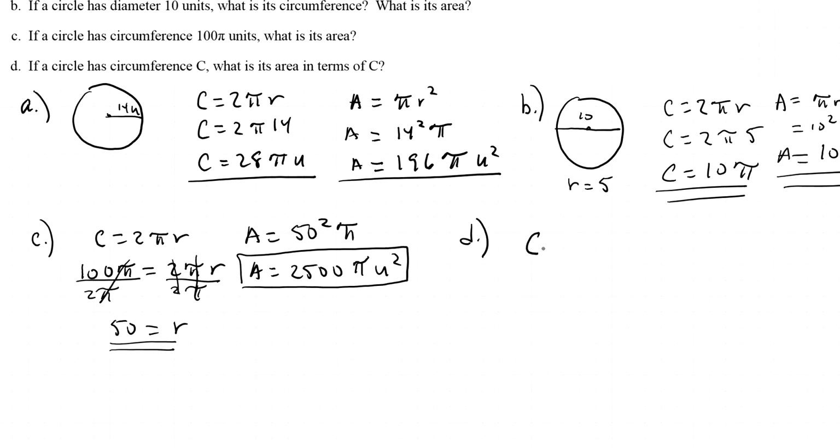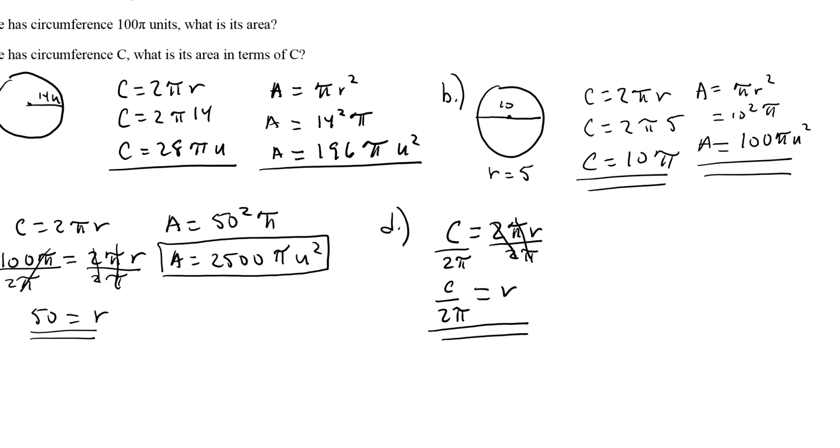Okay, so if C equals 2 pi r, in terms of C, so then what we have to do is we need to solve for the radius, so we divide by 2 pi and we divide by 2 pi, so then this cancels, and so we get r equals C divided by 2 pi. So we know that the radius equals circumference over 2 pi.